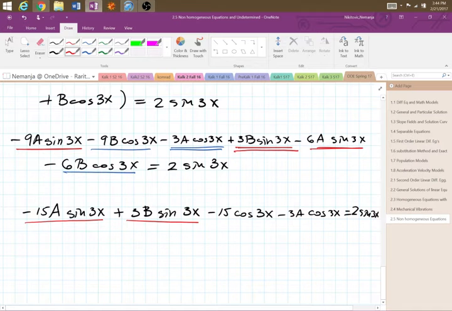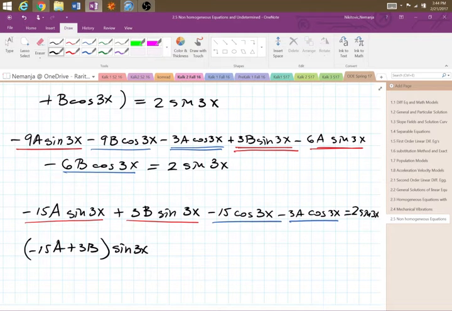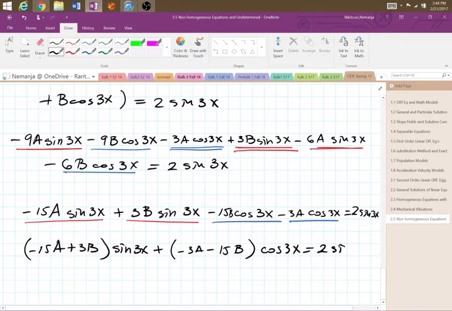Those two go together: minus 15a plus 3b times sine 3x. And then I have the blue ones, which would be negative 3a. I'm missing a value here. This is supposed to be a b, right? Minus 15b, everything times cosine 3x equals 2 sine 3x.